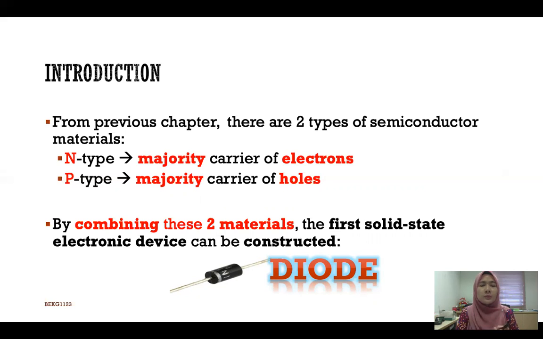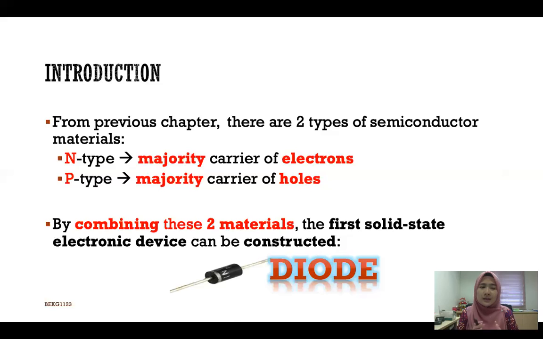From the previous chapter, there are two types of semiconductor: N-type and P-type. The N-type semiconductor has a majority carrier of electrons, while for the P-type semiconductor, the majority carrier is holes. N is negative, P is positive.